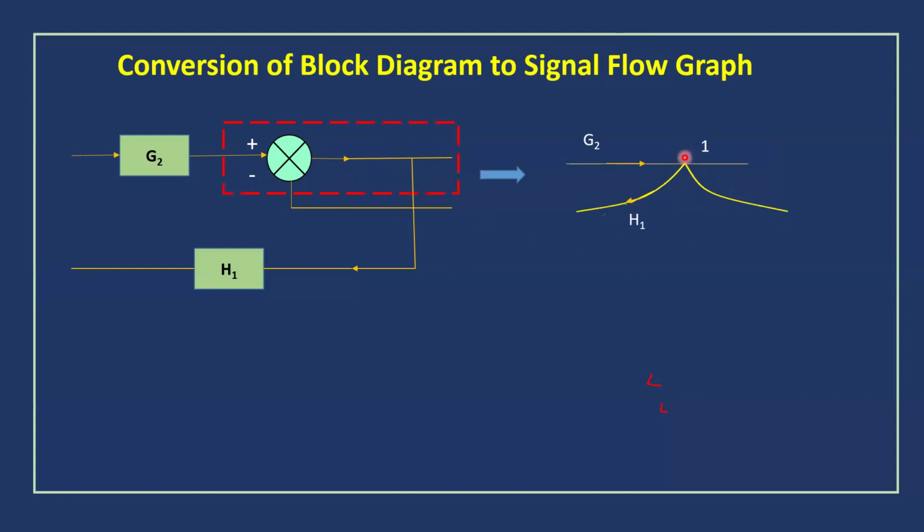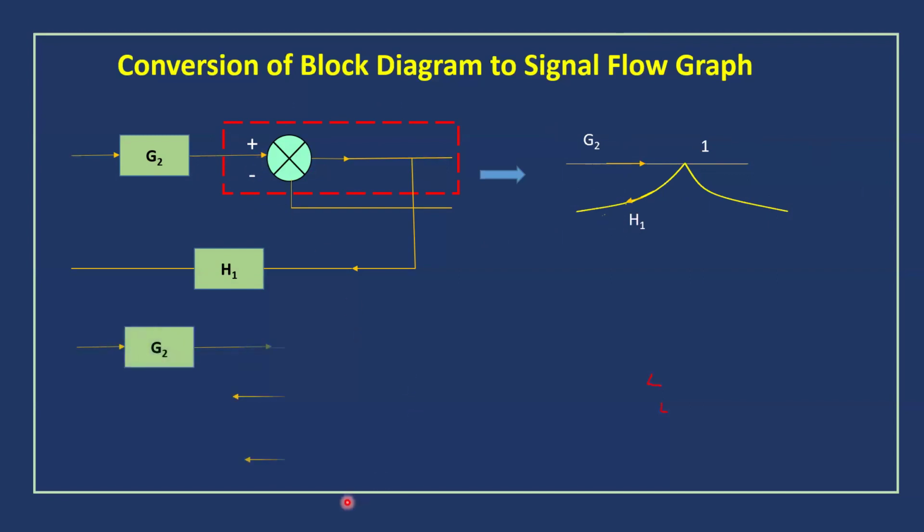This is a single node representing the combination of summing point and takeoff point. So this line is for the feedback element H1, and this line is taken for the summing point output. So this is the signal flow graph representation for this part of block diagram.